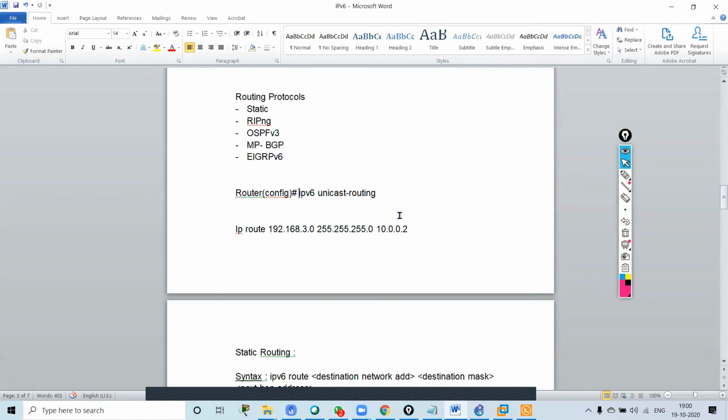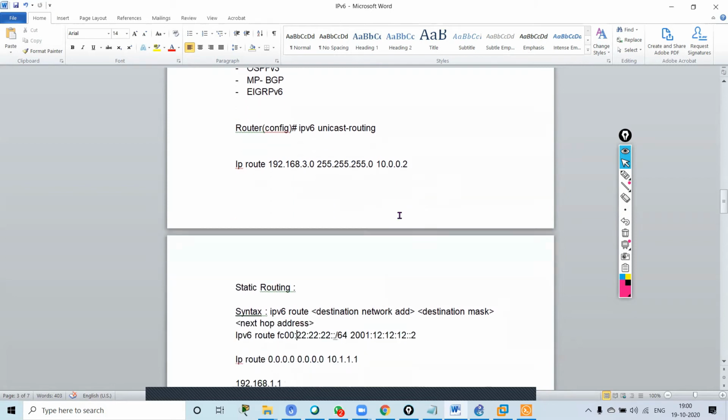On some of the IOS devices, you have to enable it. You have to give this command, ipv6 unicast-routing.